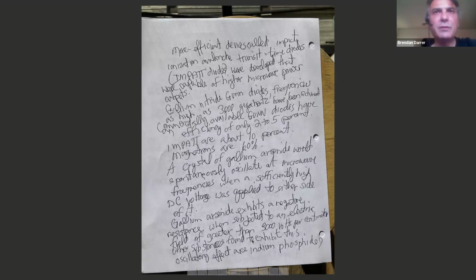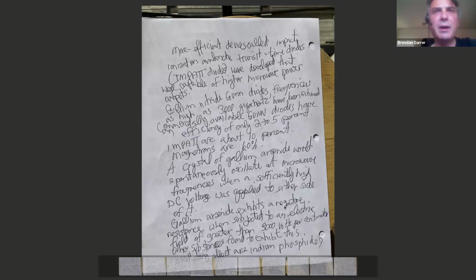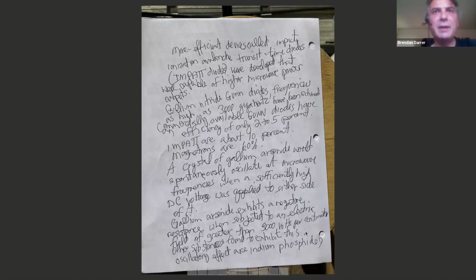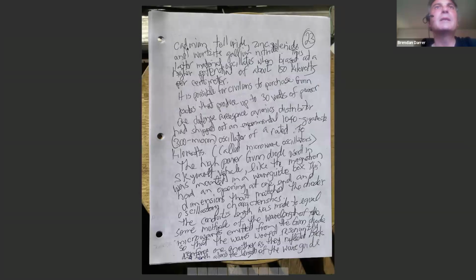Other substances found to exhibit this oscillating effect are indium phosphide, cadmium telluride, zinc selenide, and wurtzite gallium nitrate.